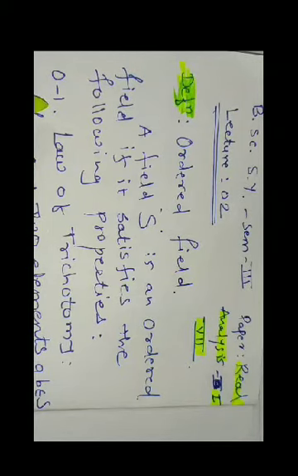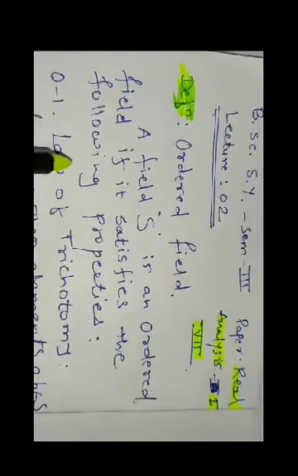Revise it once again, then you can easily understand what is meant by order structure. So let us discuss the definition.